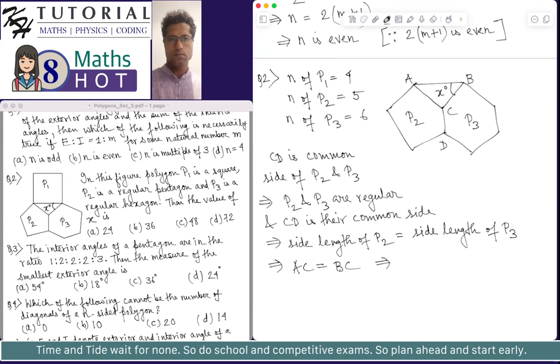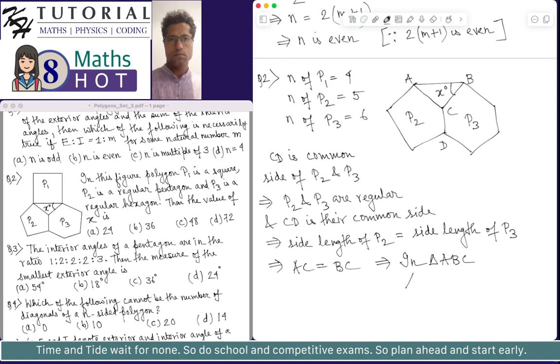This will imply that in triangle ABC, since ABC will become an isosceles triangle since two sides are equal, AC and BC. So therefore we can say that the opposite angles will also be equal.